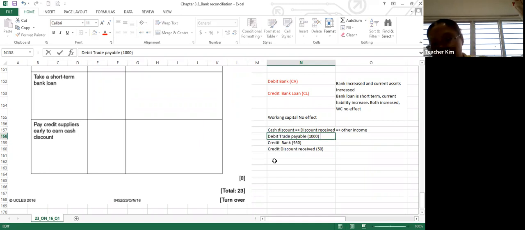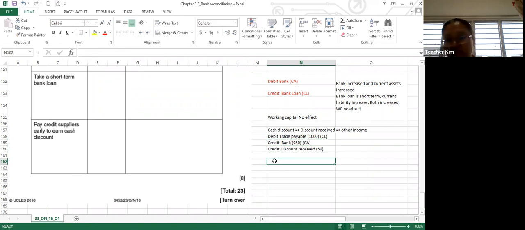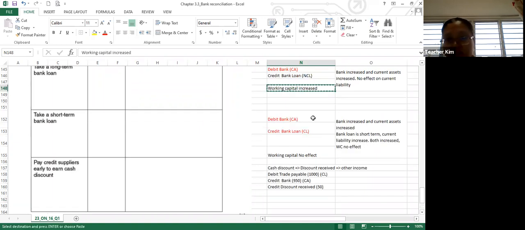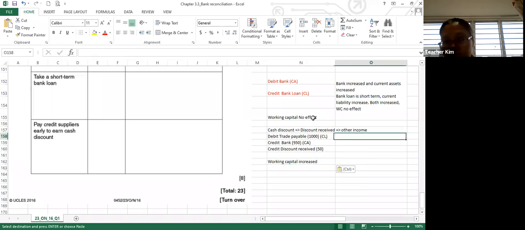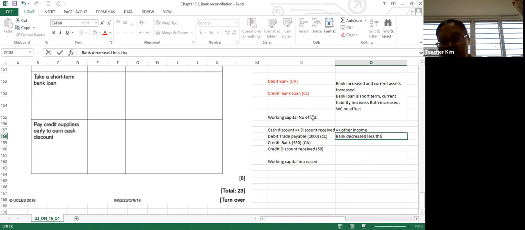So now we notice that there is a decrease in the liability. This is a current liability. This is a current asset. So working capital, what happened? This one, working capital will be increased. The reason is, let me put in the increase: bank decrease less than trade payable decrease.